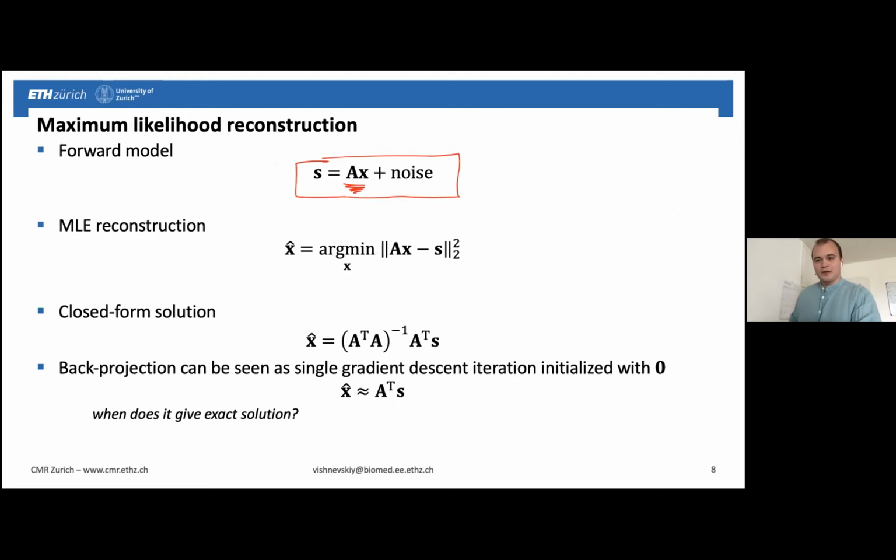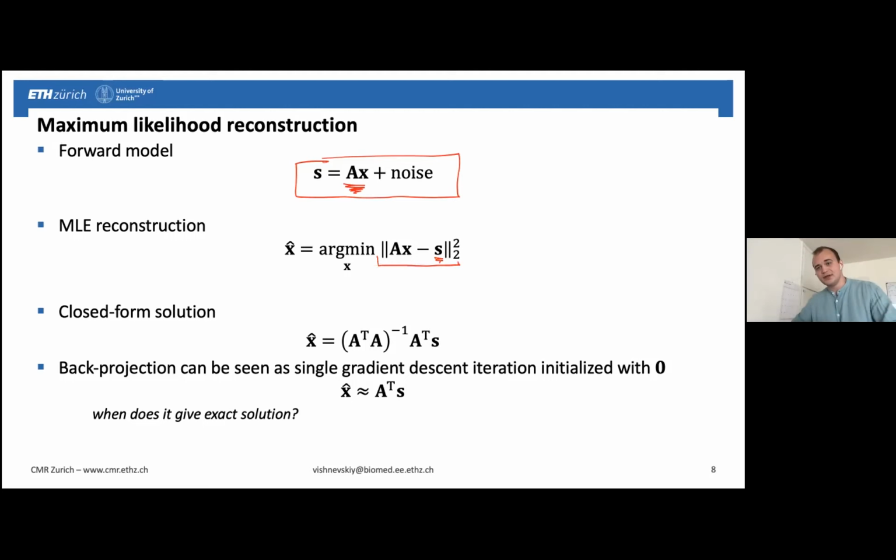Of course, this system of equations can be inconsistent, so it can have no solutions. Therefore, a reasonable thing to do if the system is inconsistent is to try to find X that gives the smallest reprojection error with the signal that we measured, given the imaging model.